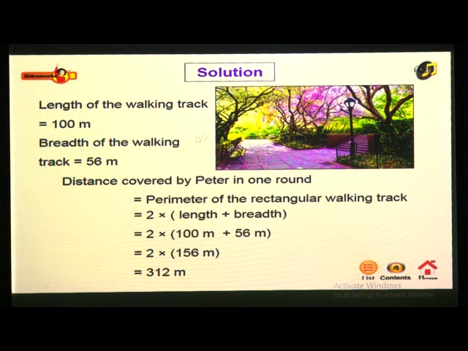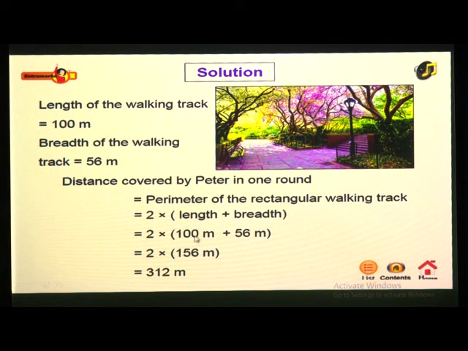He has taken 1 round of the rectangular walking track and we have to find the distance covered by him. So, the perimeter of the rectangular walking track. As we know, the perimeter of a rectangle is given by the formula 2 into (L plus B).